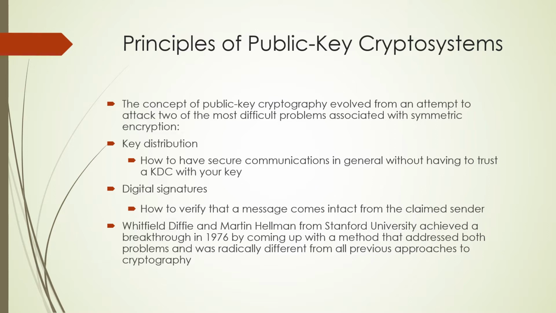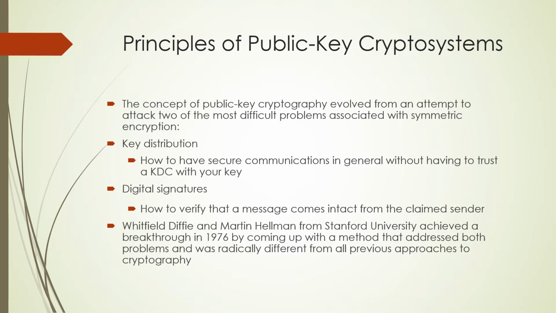Another problem with symmetric encryption was digital signatures, which means how to verify that the message comes intact from the claimed sender. Basically, digital signatures will solve the problem of authenticating a message. Those were the open problems before public key crypto systems became popular.